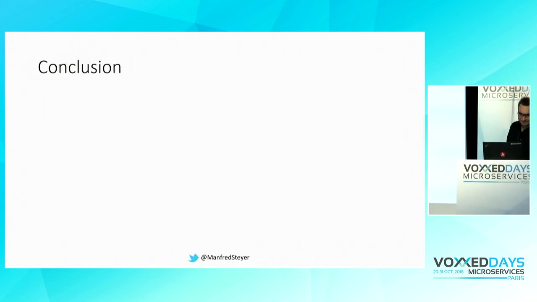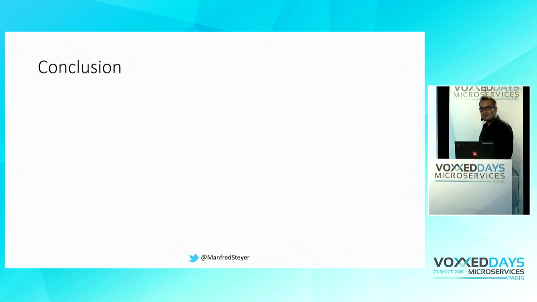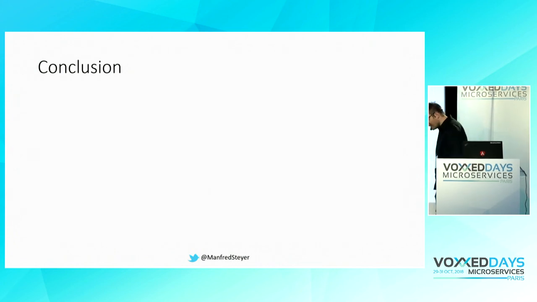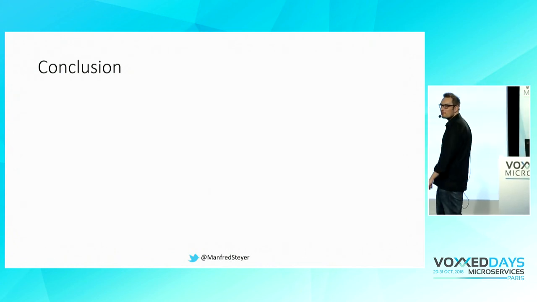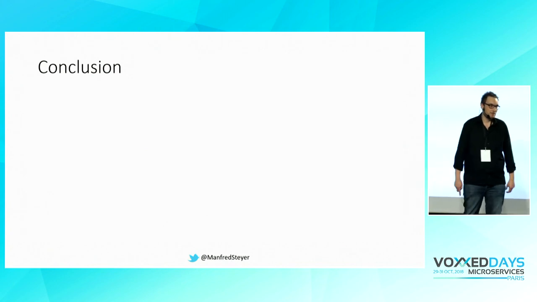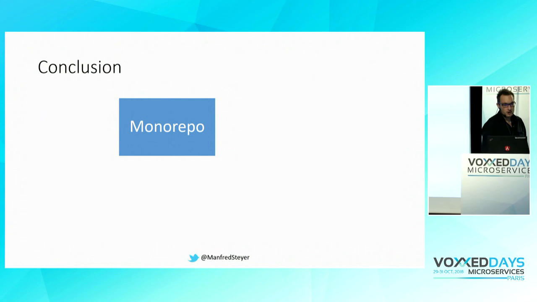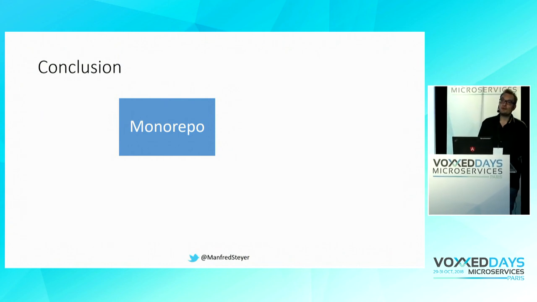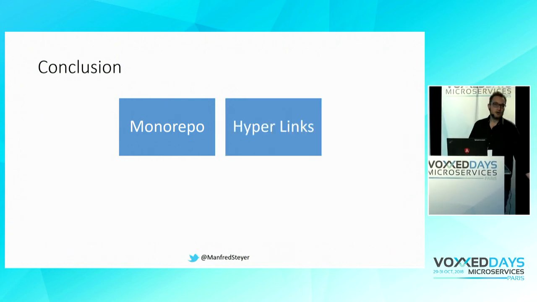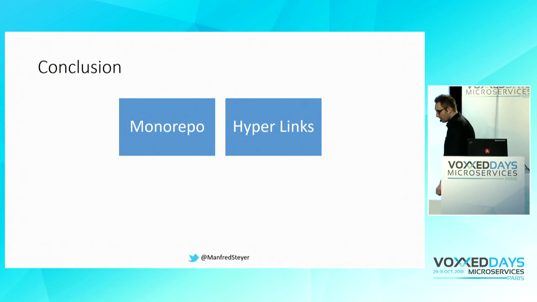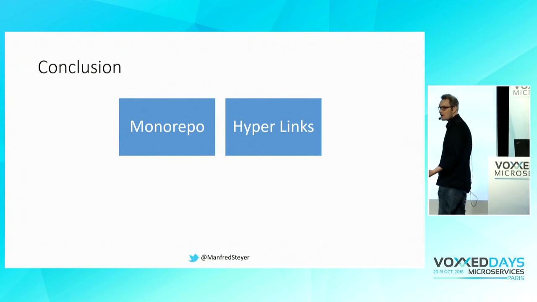Okay, so let me come to a conclusion. We have seen three possibilities to use micro apps within your microservice architecture. We've talked about the monorepo approach that allows you to create a deployment monolith for the client. We've talked about hyperlinks. Think about Google. Think about sharing widgets.